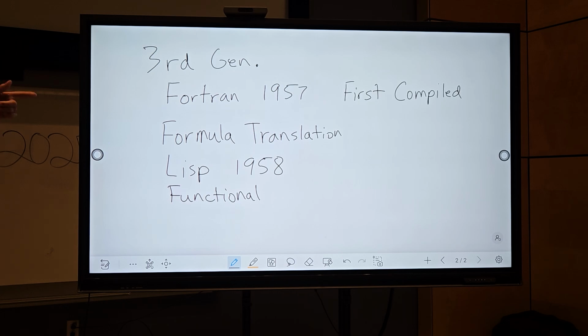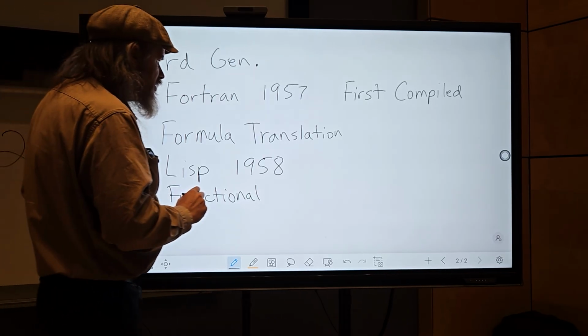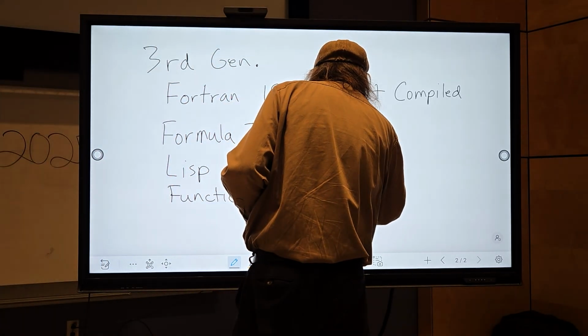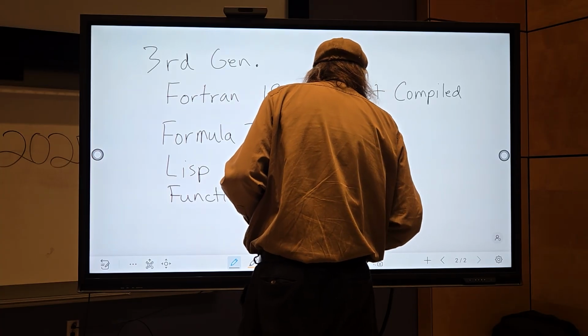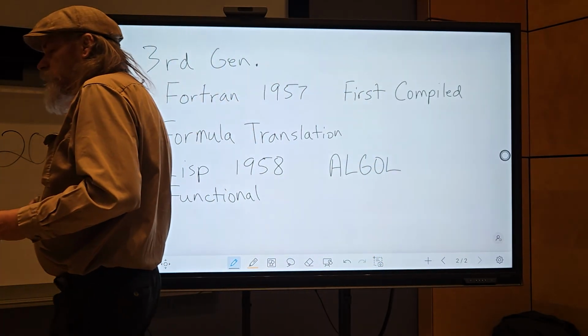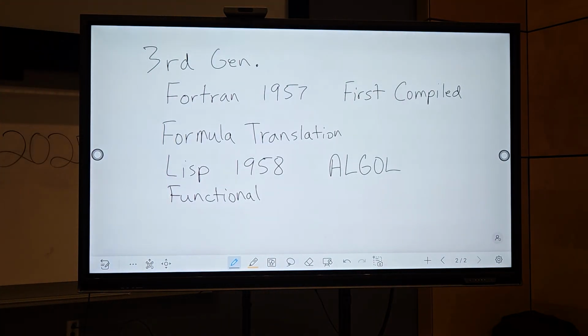Like I said, then Lisp came in 58. Algol came also in 1958. And I'm wagering that very few of you have ever heard of Algol. Has anybody ever heard of Algol before? No?